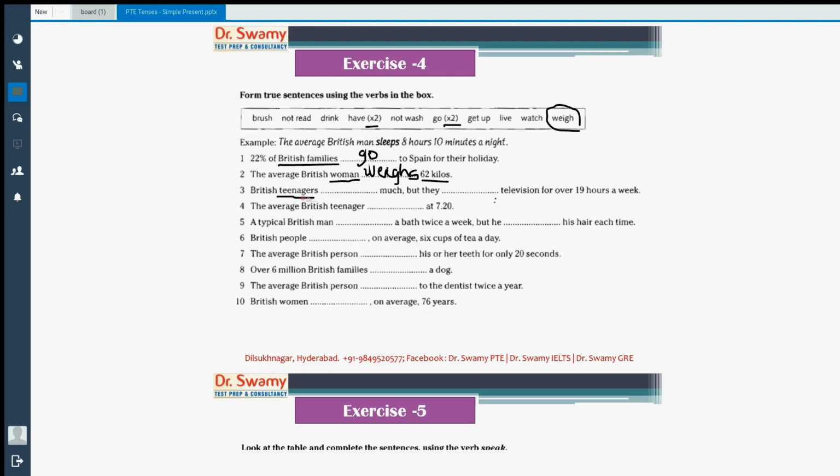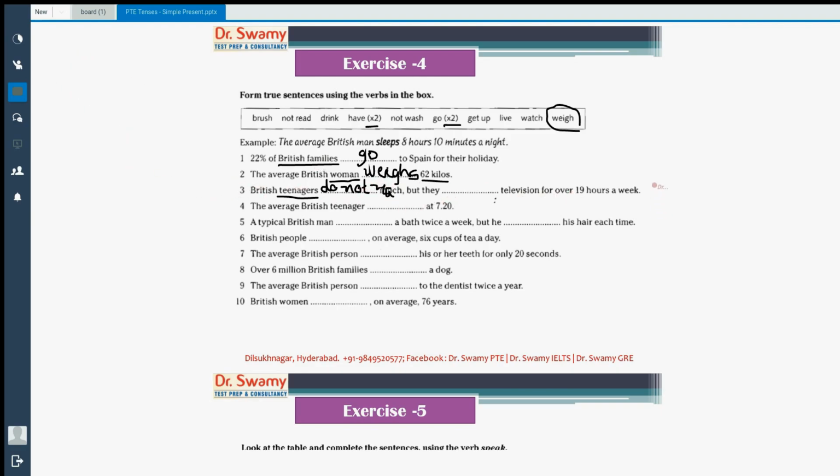British teenagers. The subject is plural, so it becomes they. British teenagers do not read much, but they... Sorry, it has become slightly messed up over there.